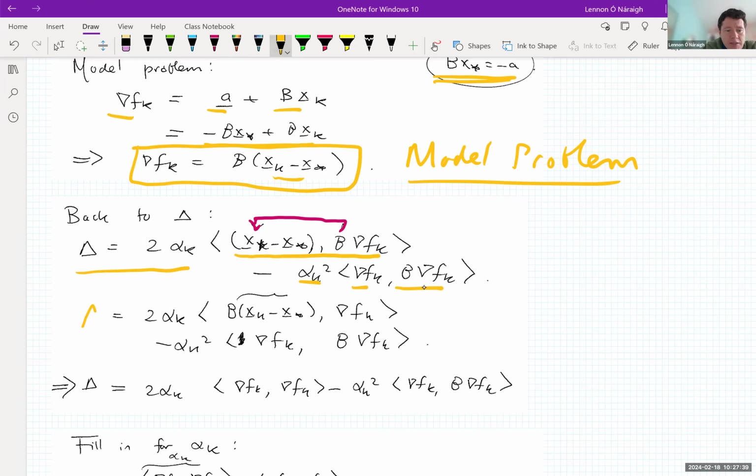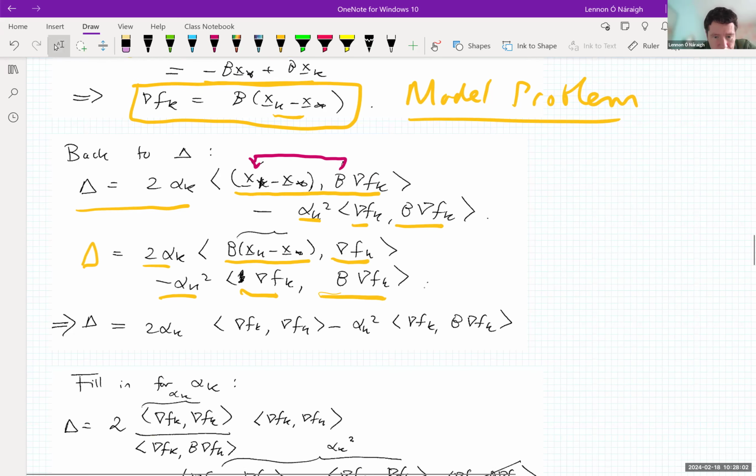So now delta is 2 alpha_k times B times (x_k - x*) scalar product with grad f. So grad f is appearing by itself now. It's no longer multiplied by B. Minus alpha_k squared times grad f scalar product with B grad f.